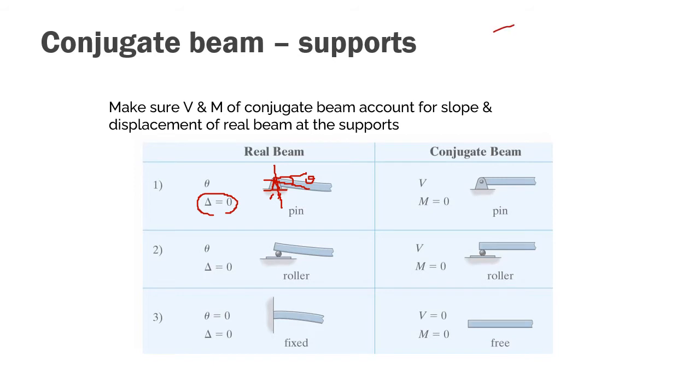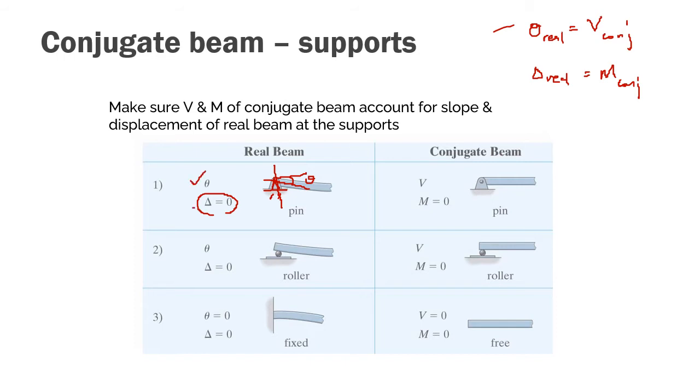Recall that theta of your real beam is equal to the shear on your conjugate beam, and displacement on your real beam is equal to the moment in your conjugate beam. So you need to make sure that your conjugate beam has the same relation as your real beam by changing the support if it's not. If your real beam is pin, you will have a value for rotation, but your displacement is going to be 0.